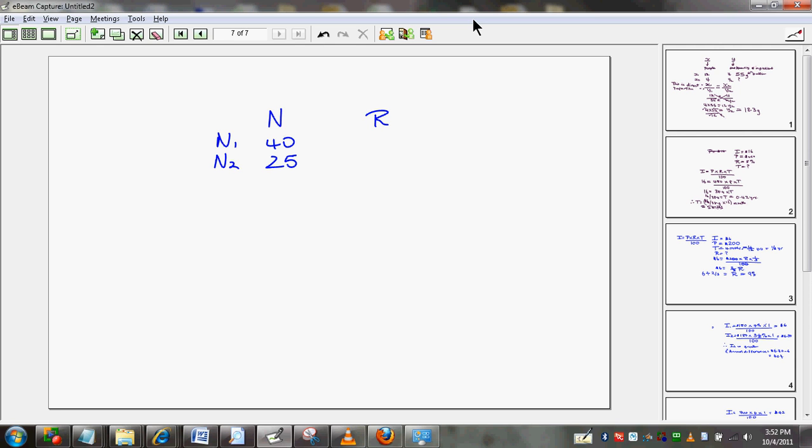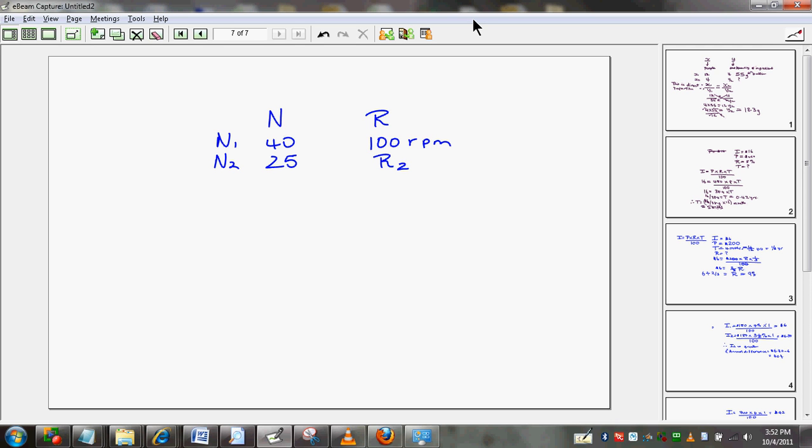Now, the number of revolutions per minute made by the larger wheel, which is the one with the 40 teeth, would be 100 revs per minute. So I'll put that here, 100 RPM. It's called revs per minute. What they're asking us to find is the number of revolutions per minute that the 25 teeth would make, and we call that R2.